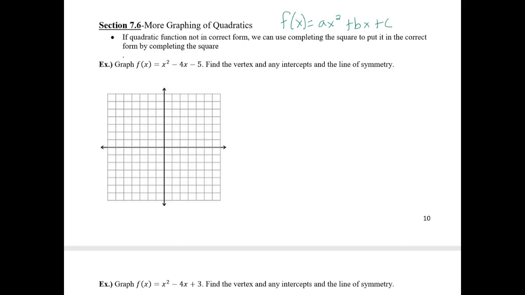So what we can do is complete the square and get it into vertex form, which we did previously, a times x minus h squared plus k, and then we can pull out the vertex and other information about the function just by looking at the vertex form.